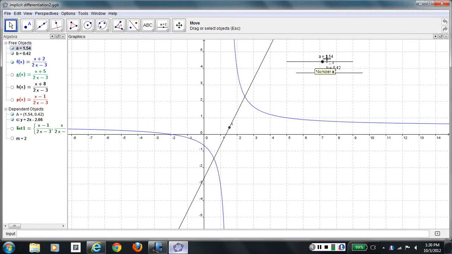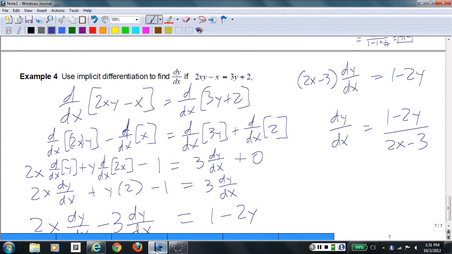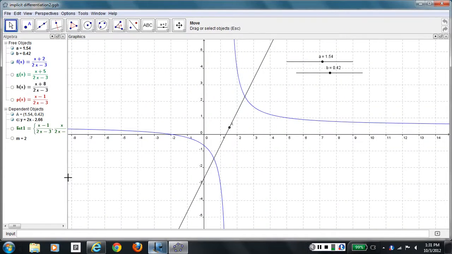And what I've done is had a and b represent the x and y coordinates of this point, and then over here m is that expression, 1 minus 2b over 2a minus 3. Is that what we got? 1 minus 2y over 2x minus 3. So m is what you get when you take the x and y coordinates of this point and substitute them into that expression.